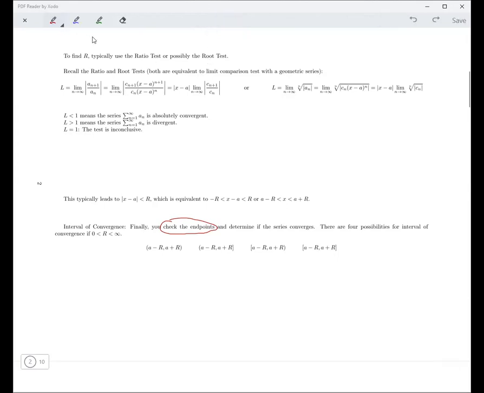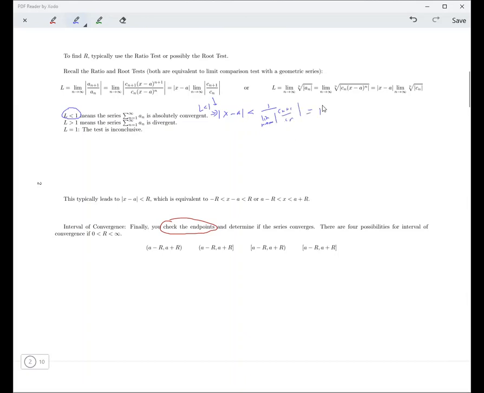And so what happens is when L is less than 1, the series is going to be absolutely convergent. So when this is less than 1, we have that |x minus a| is less than 1 over the limit as n goes to infinity of c sub n plus 1 over c sub n.